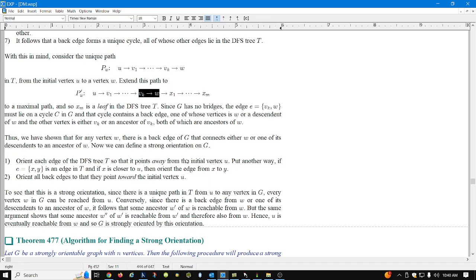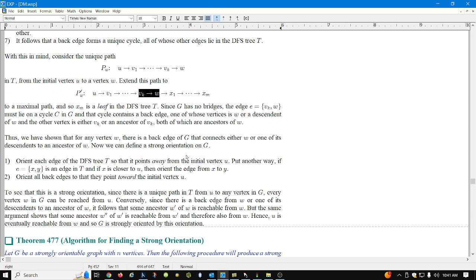Or it might be right out of W. But then when we follow the back edge, we come out, so to speak, ahead of W, at an ancestor of W. So this is how we back up from a vertex to an ancestor of that vertex. You can't do that on the tree. They're all pointing in the wrong direction. But the back edge will get you there.